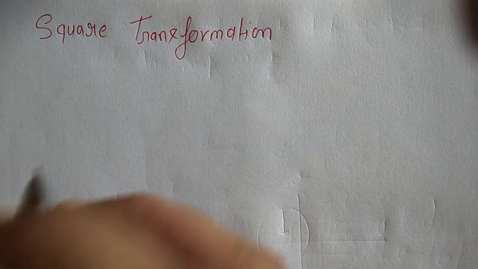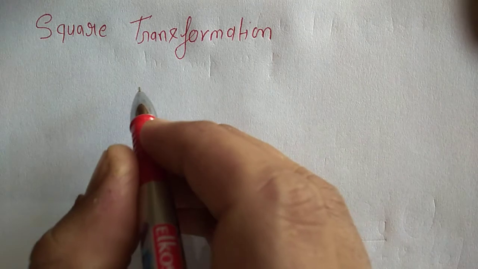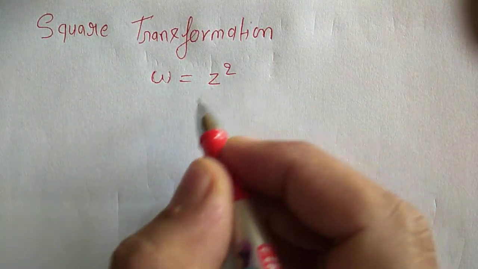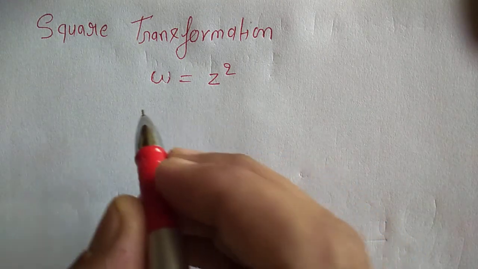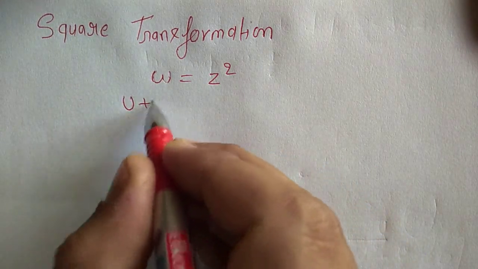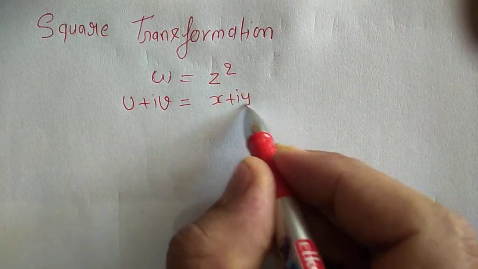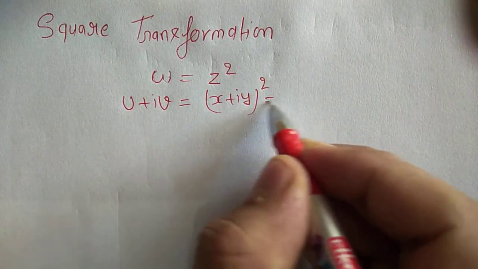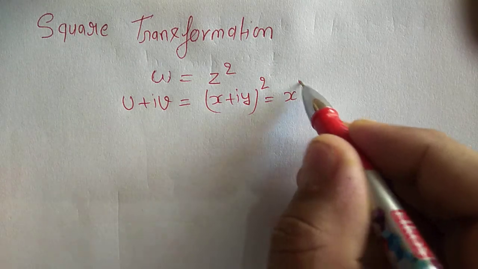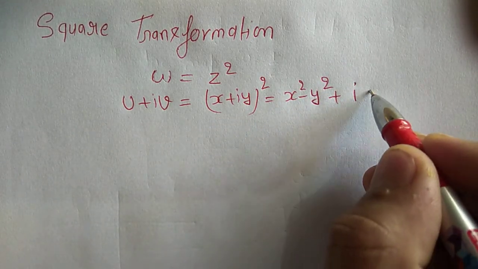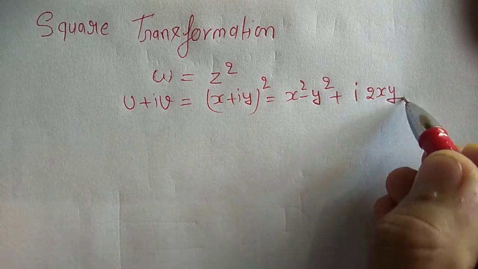So now we have the square transformation. W equal to z square is called the square transformation. Now u plus iv equal to x plus iy whole square. So this will be x square minus y square plus i 2xy.